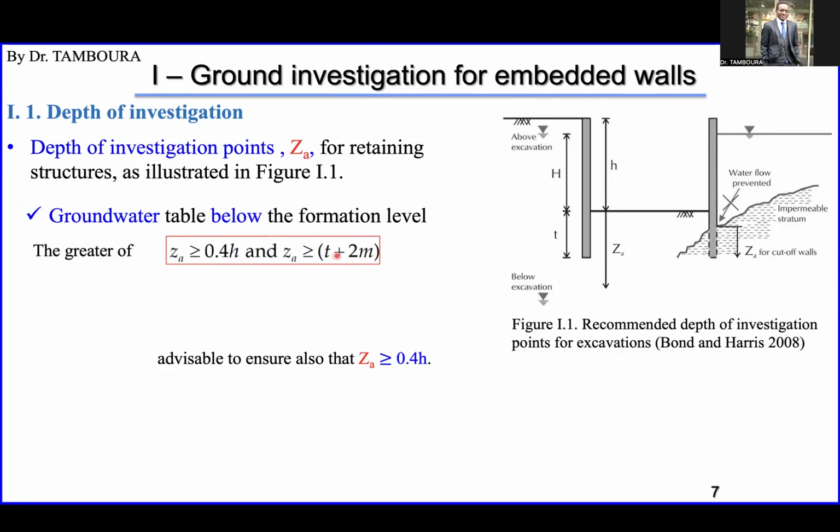The biggest between these two should be your investigation depth. You should investigate to find out all the soil layers from the soil surface until ZA. That is the case where the groundwater level is below, so you don't have to worry about water here.